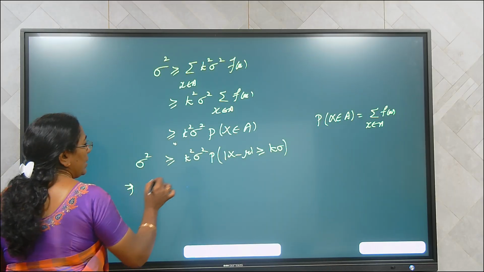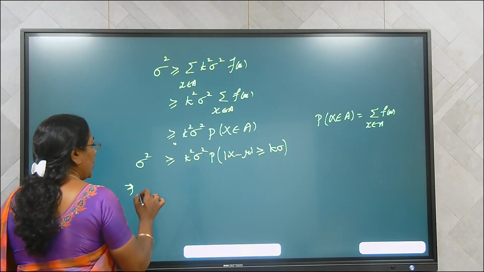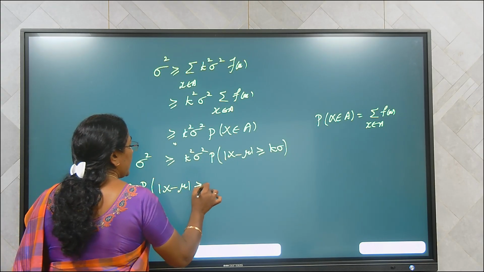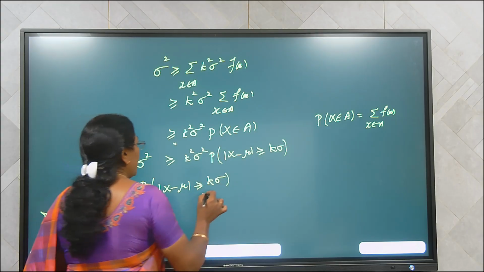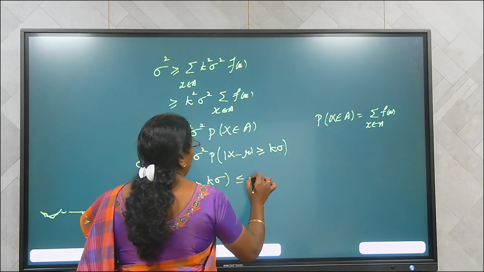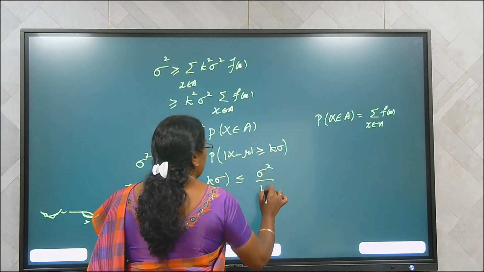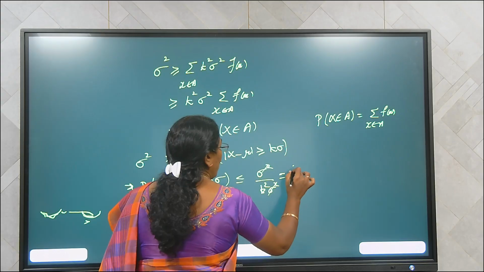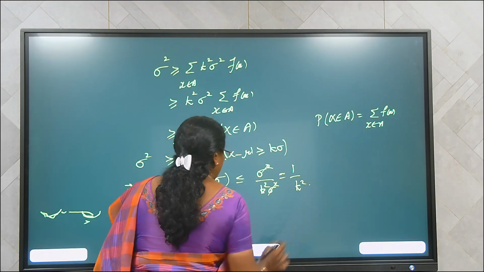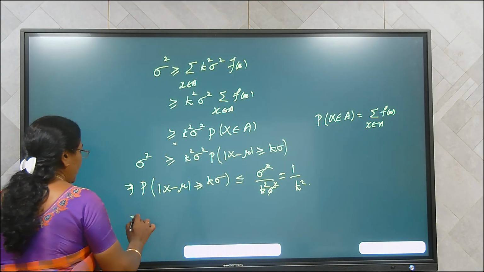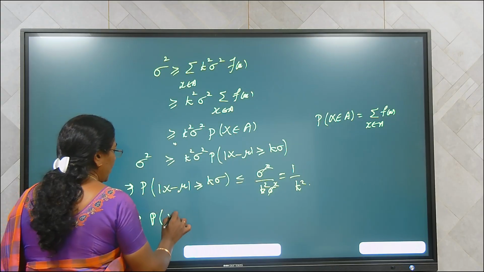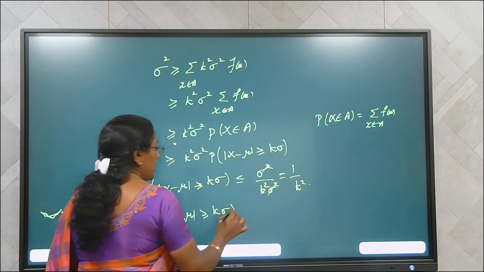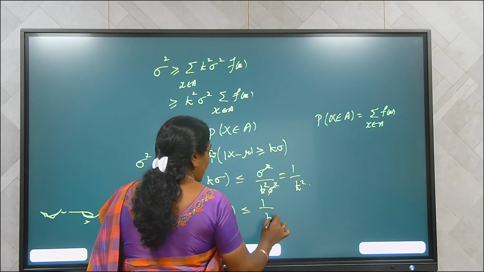So bringing k square sigma square to the left side, we have probability of modulus of x minus mu greater than or equal to k sigma is less than or equal to sigma square by k square sigma square. Sigma square gets cancelled, so that is equal to 1 by k square.